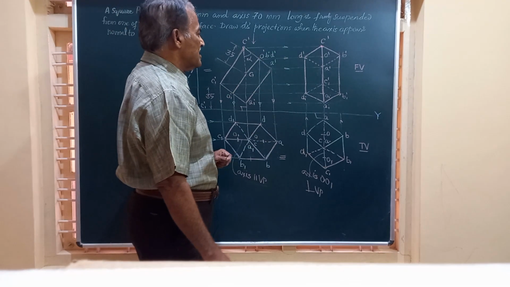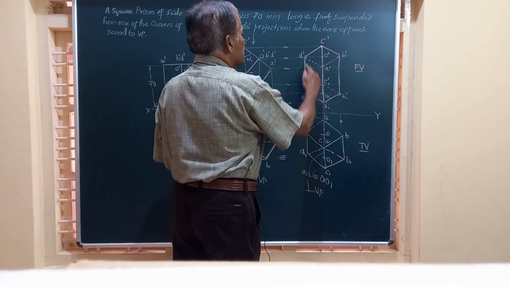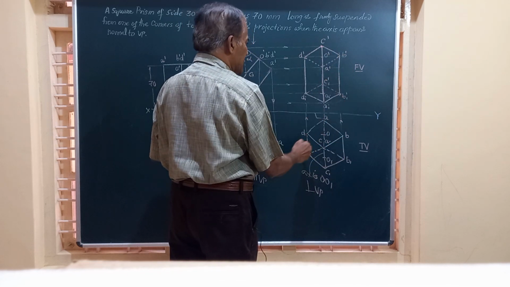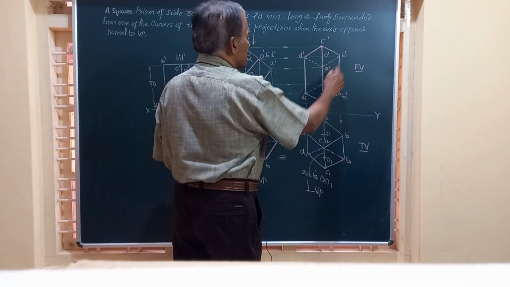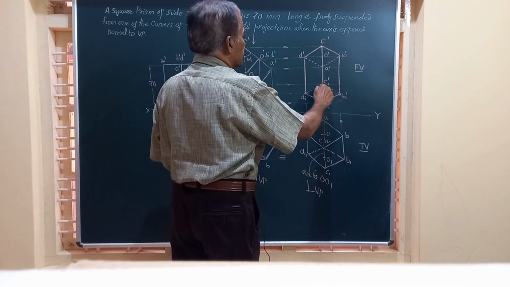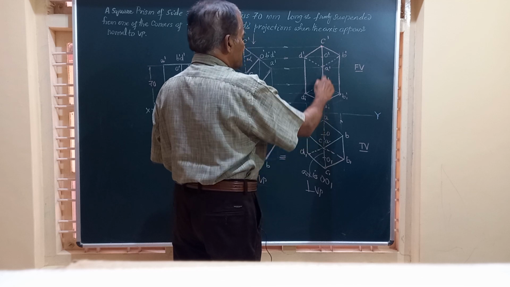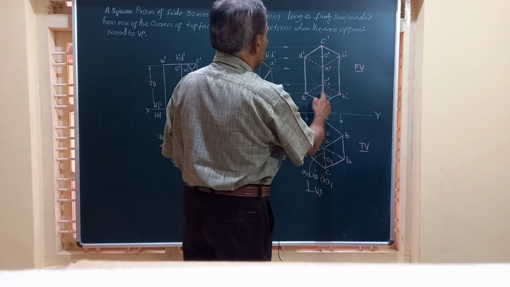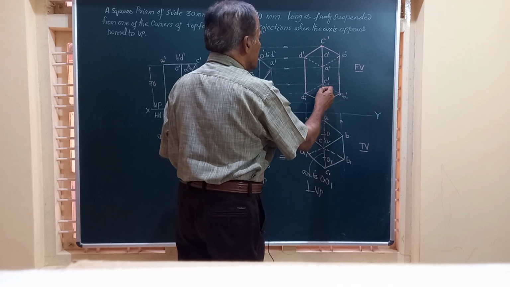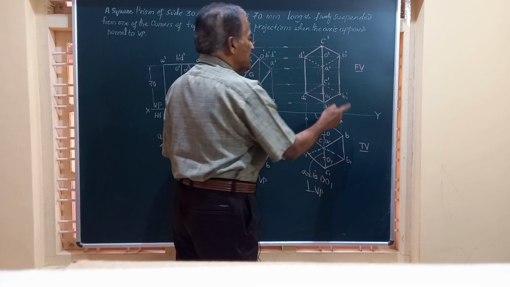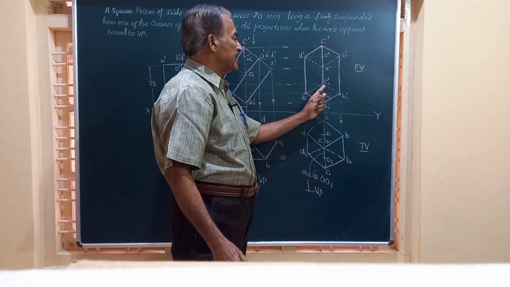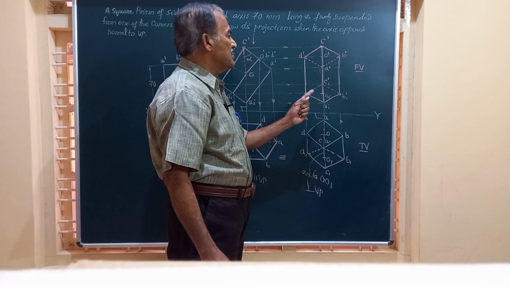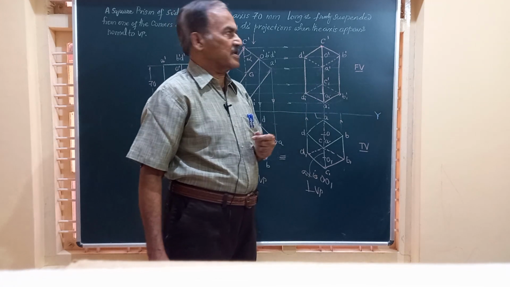Friends, you can see here in the front view all the borders of the figure like this are shown full line. The edges DD, BB and CC are also full line, and even this part is also full line. But friends, this corner is not visible, that is C1 dash is not visible. Hence I have shown the edges connecting C1 dash with B1 dash and D1 dash by dotted or invisible lines.